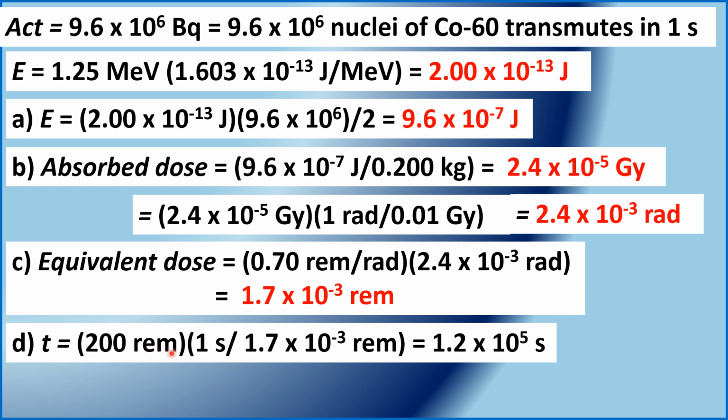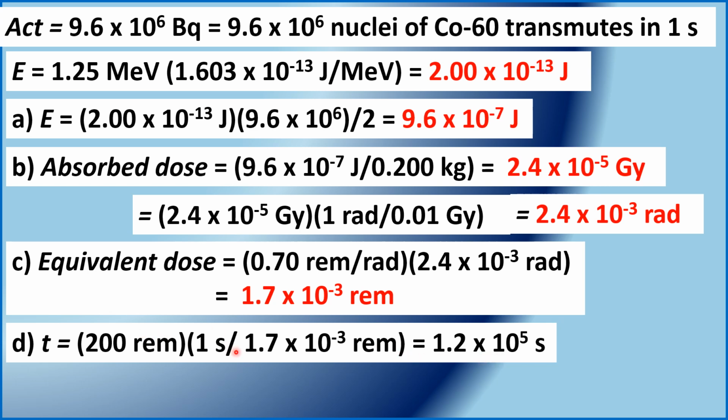So what we do is just, of course, multiply that by the conversion factor, meaning in 1 second, there is only 1.7 raised to the negative 3 rems of equivalent dose. So if we do our math, multiplying 200 by 1 and then dividing it by 1.7 to the negative 3, the unit rem cancels out, and we get the time of exposure needed, which is equal to 1.2 times 10 to the fifth power seconds.